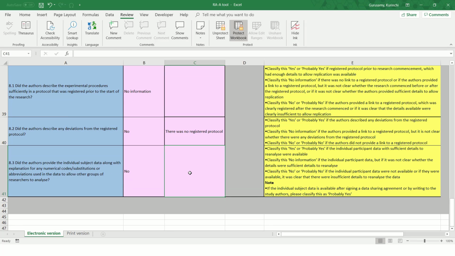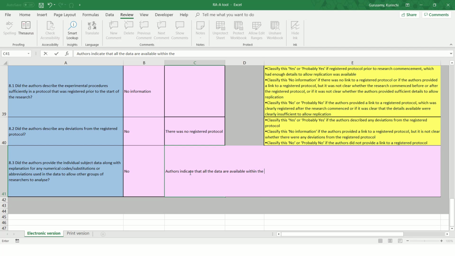The authors indicate that all the data are available within the study, but there is no individual subject data.